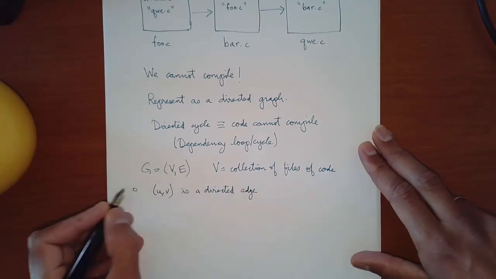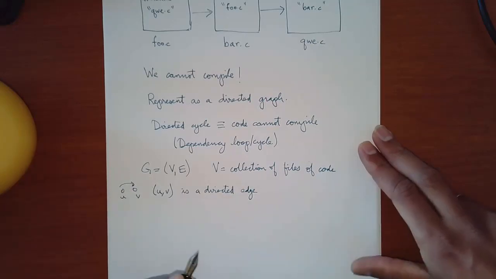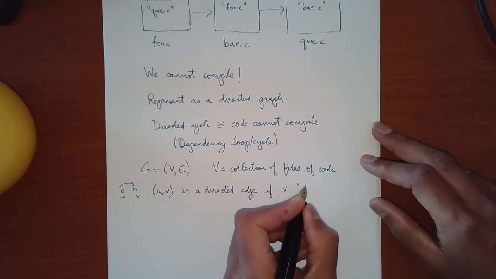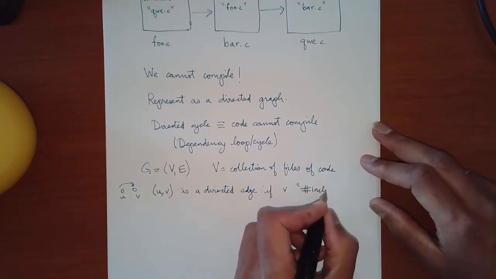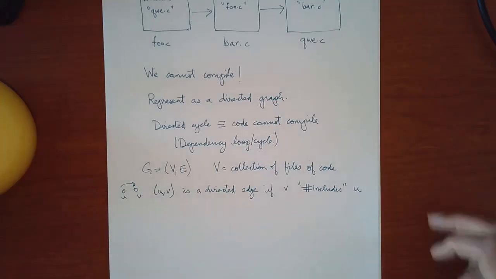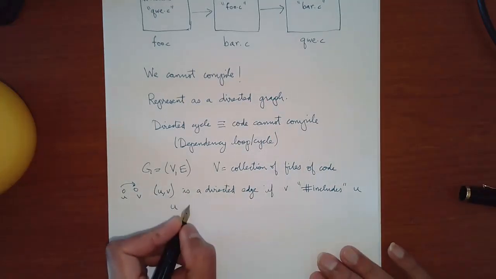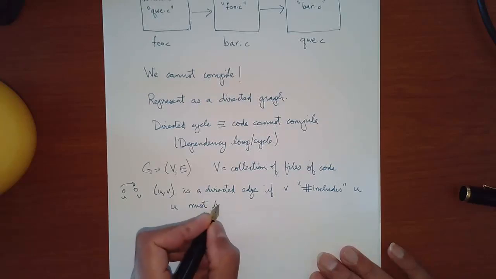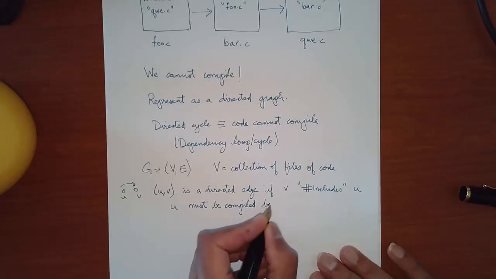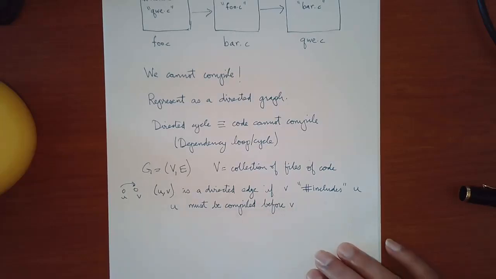This means that U goes to V if V includes U. What this means is that U must be compiled before V.